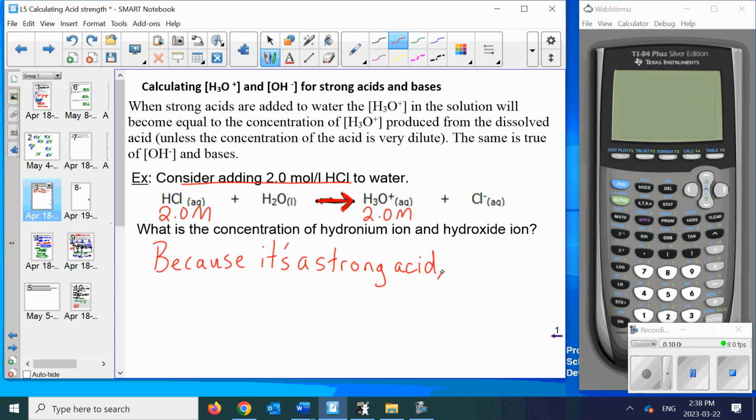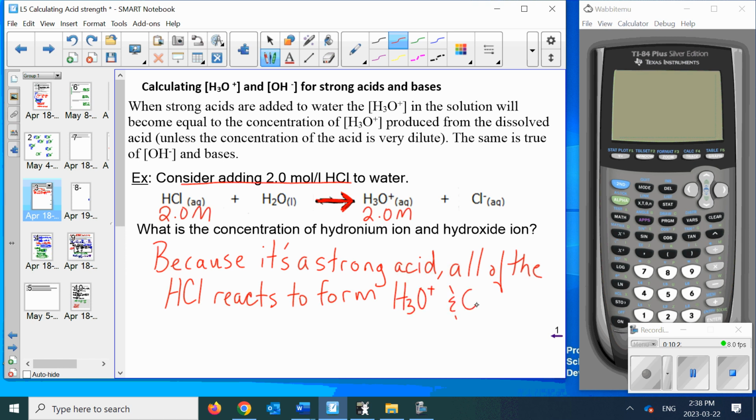All of the HCl reacts to form water plus hydronium.